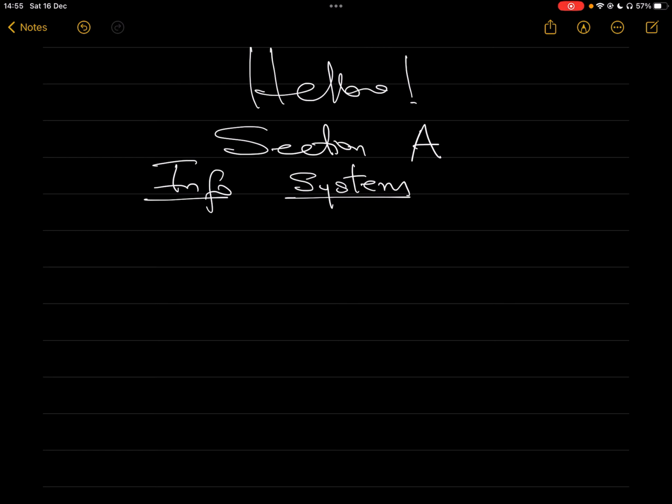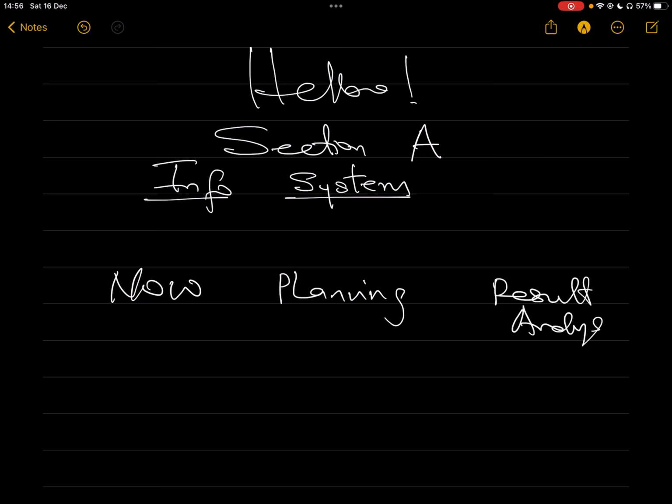Remember what I said about section A? It cuts across all the other sections, because when I did the summary of the syllabus in the last video, I told you that this paper is divided into what is happening now, what we are planning for the future, and how we measure the result of the future, result analysis for the future, right?